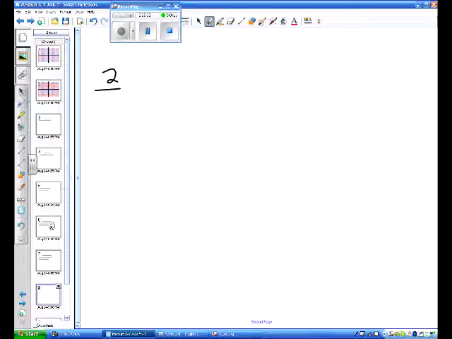If we have 2 over x plus 1 minus 1 over x minus 1 is equal to 2x over x squared minus 1. Now, in the first two, the 2 over x plus 1 and 1 over x minus 1, those denominators, they're understood to be in parentheses, and we would treat those as single terms. But in this last one, we have x squared minus 1. And that's not in simplest factored form.